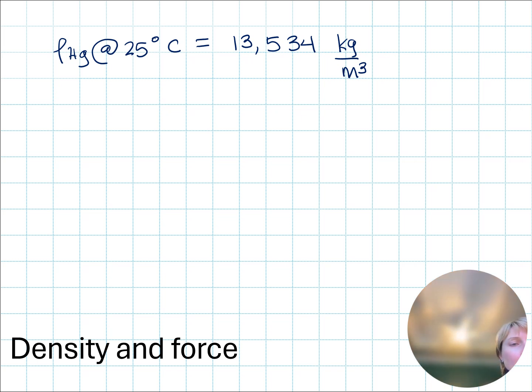And therefore, the specific weight, or gamma, of mercury at 25 degrees C is that density times the gravitational acceleration.